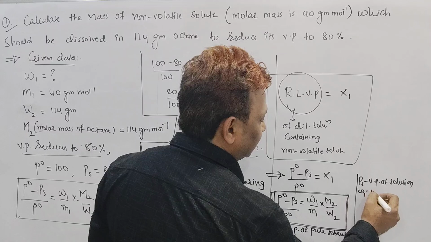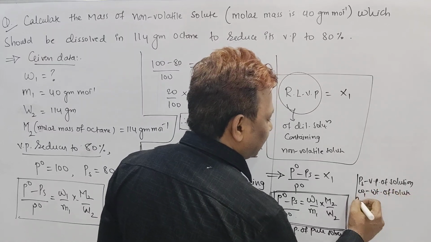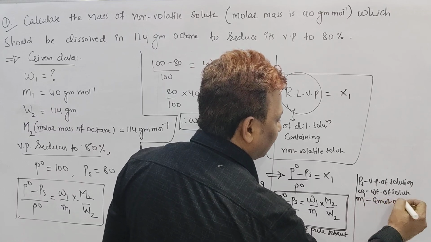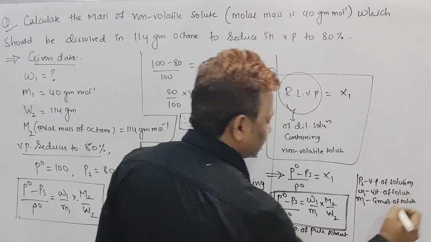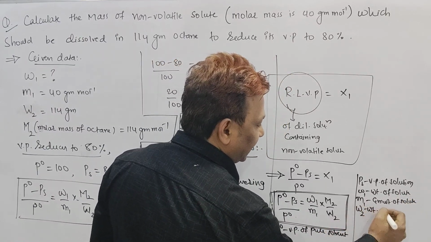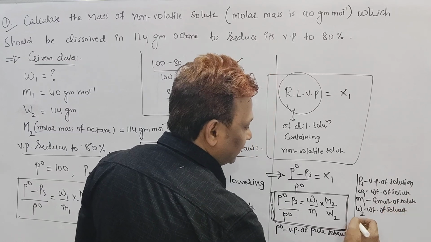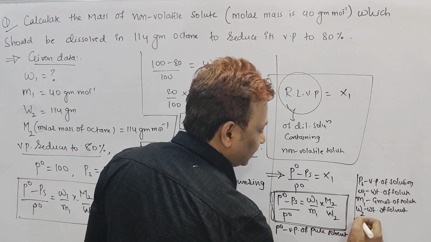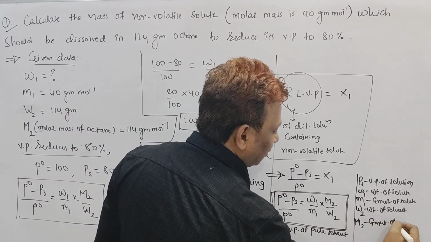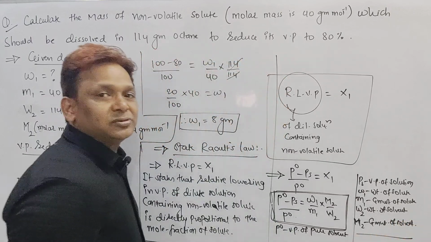W1 is the weight of solute. What is M1? M1 is the gram molecular weight of solute. What is W2? W2 is the weight of solvent. And what does M2 indicate? M2 is the gram molecular weight of solvent.